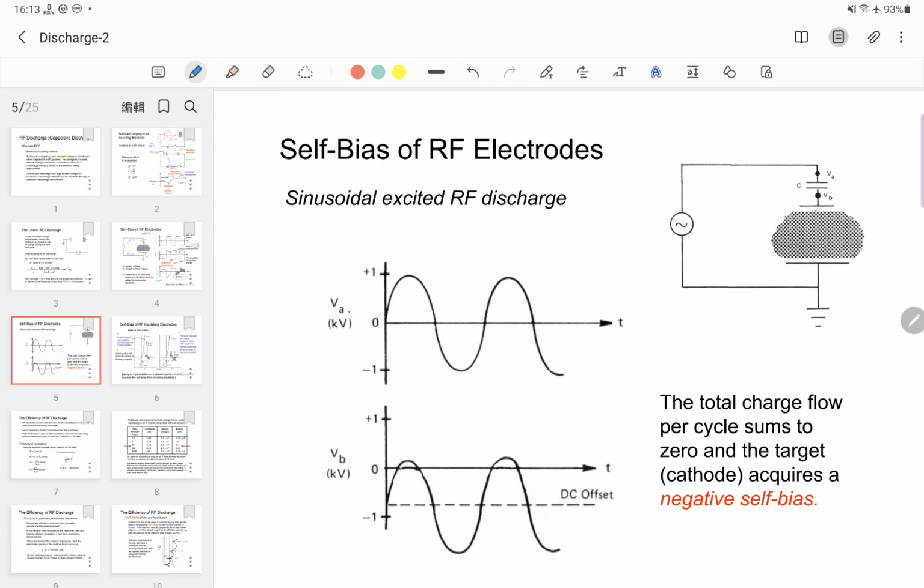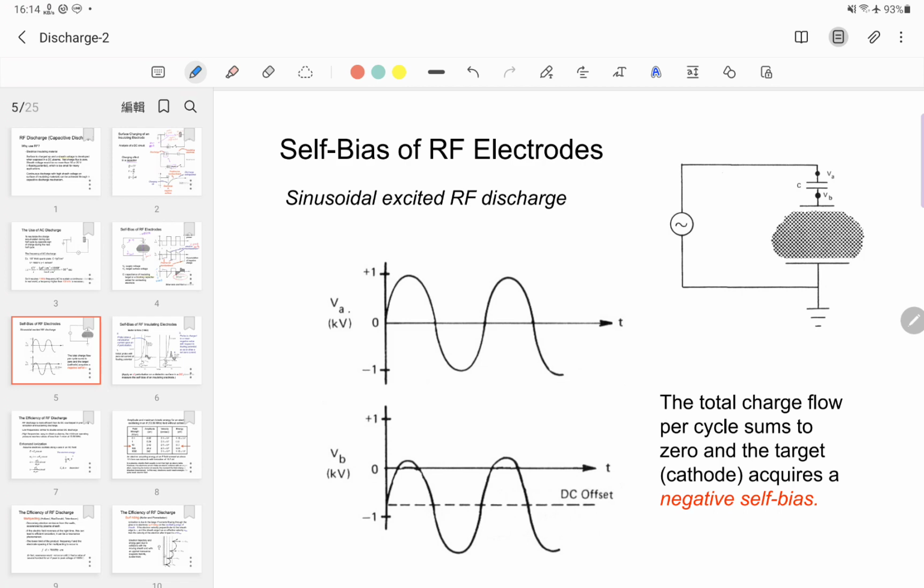So this is one cycle. Here's another cycle. The waveform follows a sine wave. Later on we can see the equation: you can use sine omega t to represent the output waveform of the RF power.